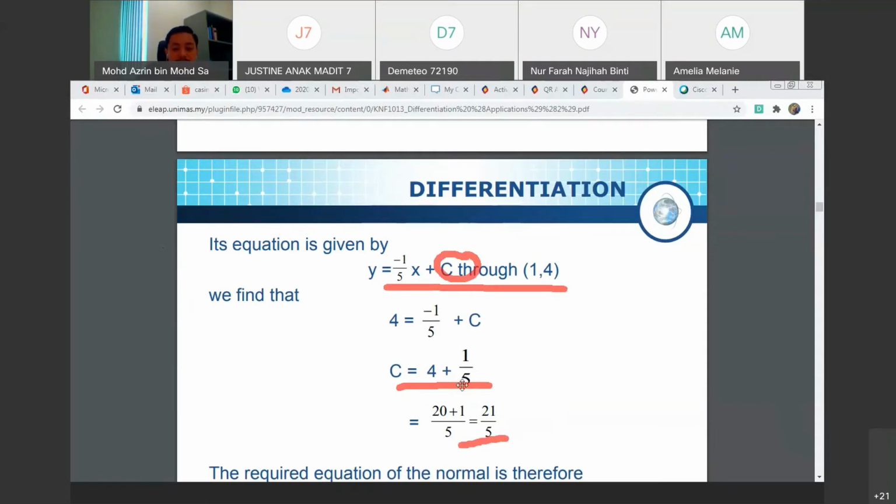So your normal equation, how is it like? The normal equation dalam bentuk pecahan. So your equation will be in fraction equation, where you will get negative 1 over 5. This is your slope, right? X plus this value 21 over 5.